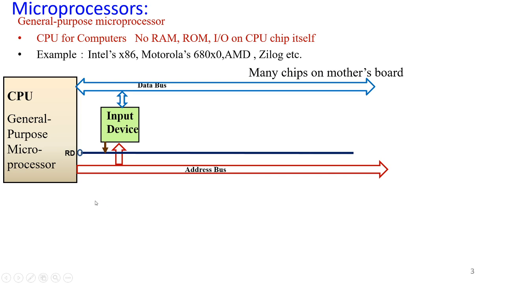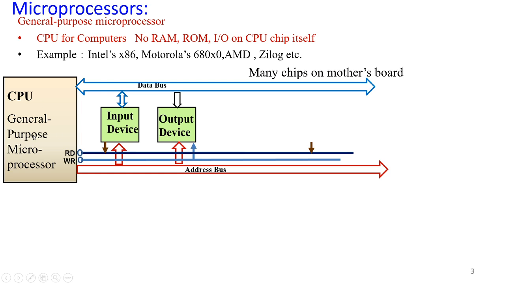When the read signal is activated, the input device data will be read by the microprocessor. Similarly, when we have an output device, the write control signal is activated, the microprocessor gives the address of the output device and that data is put on the data bus.